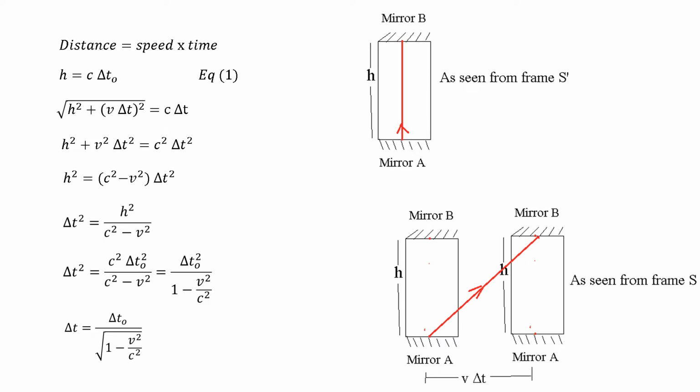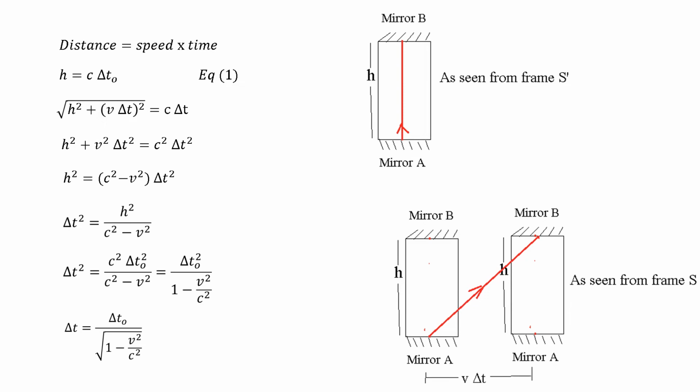For frame S, square root of h squared plus (v delta t) squared equals c delta t. When we square both sides, we get h squared plus (v delta t) squared equals c squared delta t squared, or h squared equals (c squared minus v squared) delta t squared, or delta t squared equals h squared divided by (c squared minus v squared).